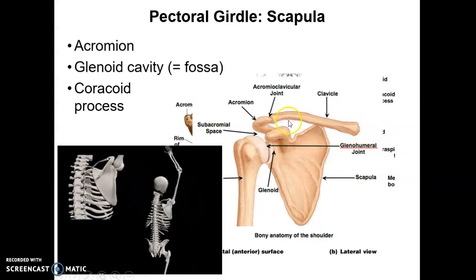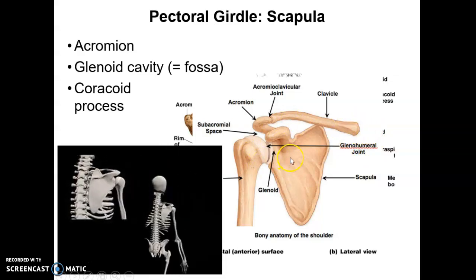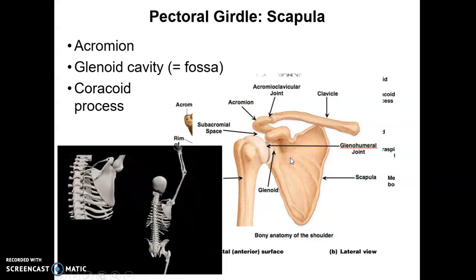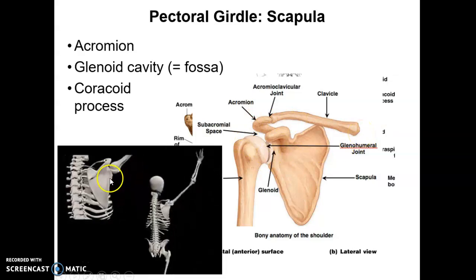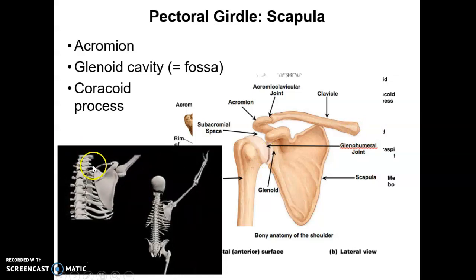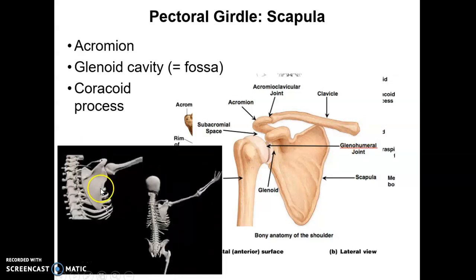The rest of this does not articulate with the axial skeleton. So that's kind of like the hinge point, which is why there's such a huge range of motion with our upper limb and the scapula.